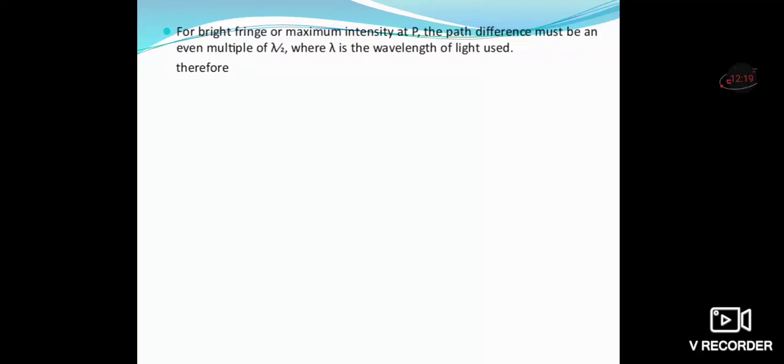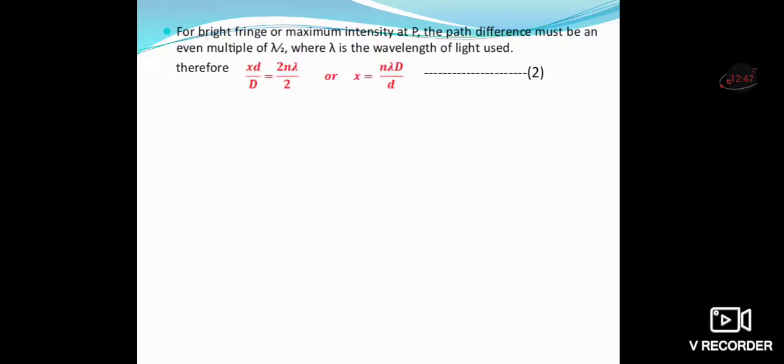So for that, first I will consider a bright fringe, or maximum intensity at P. In the previous lecture we know that for a bright fringe, or maximum intensity, or constructive interference, the path difference must be an even multiple of lambda by 2, where lambda is the wavelength of light used.